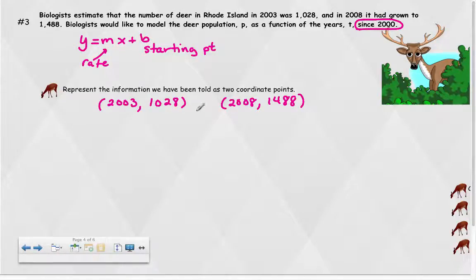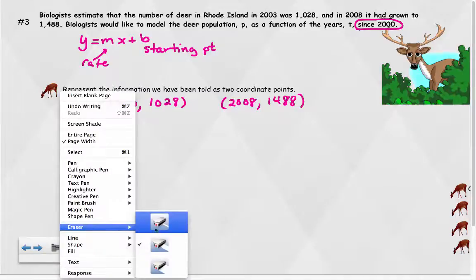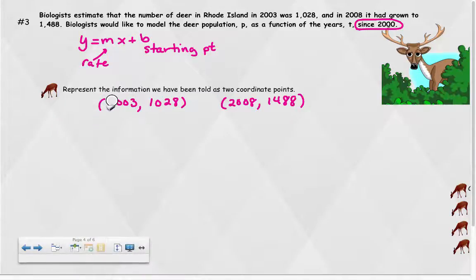So we don't need to use 2003, 2008. We can make our life really easy, and we can call this 3, we can call this 8, because 3 years since 2000, 8 years since 2000. That's going to make our numbers a lot easier to deal with. Now, you could have used either one, but again, the smaller the numbers you use, the easier it is to understand.